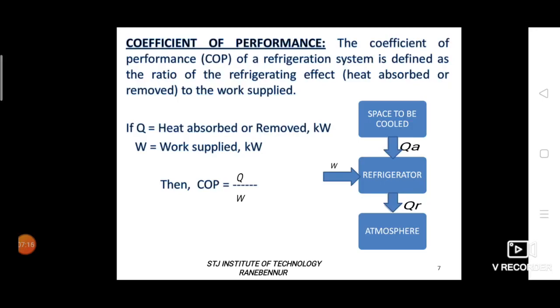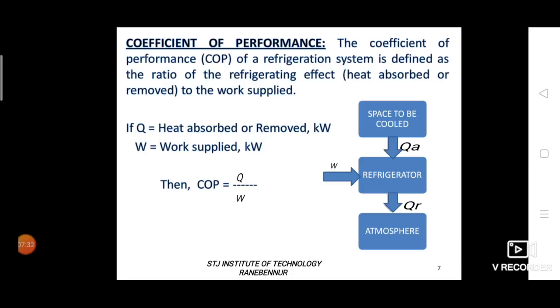In order to do this, some amount of work has to be done. Now, coefficient of performance is equal to Q by W. Q means heat absorbed or removed in kilowatt, and W means work supplied.